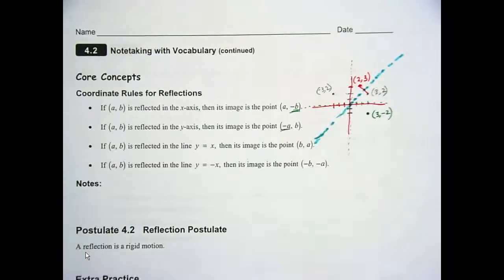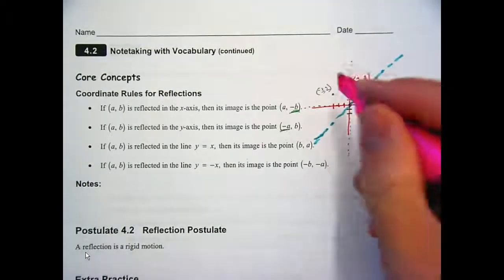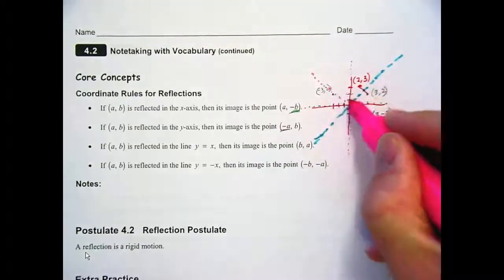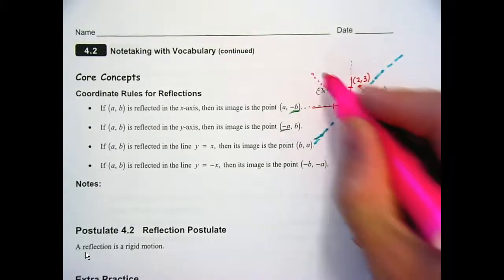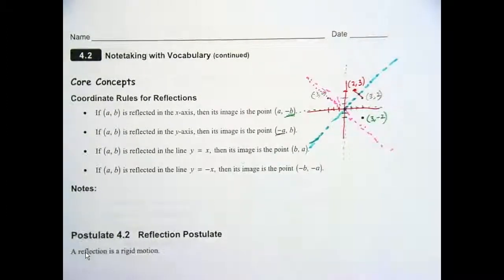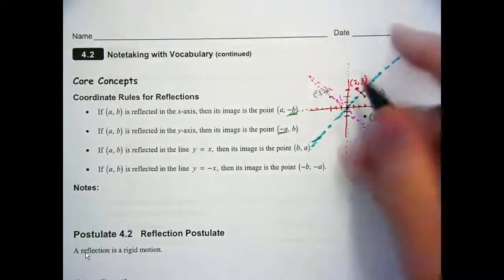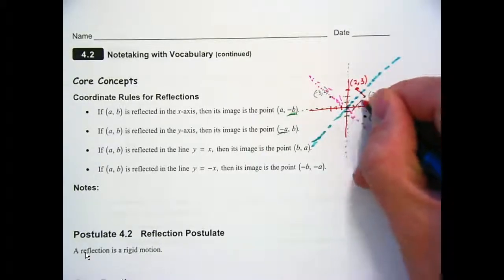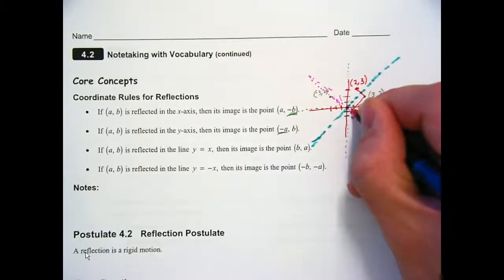And if you reflect across y equals negative x, that's this line. Not an amazing one, but okay. We reflect across that line. What ends up happening is this point, once again, has to move in a direction where if I were to connect it to its reflected point, it would cross at a right angle.